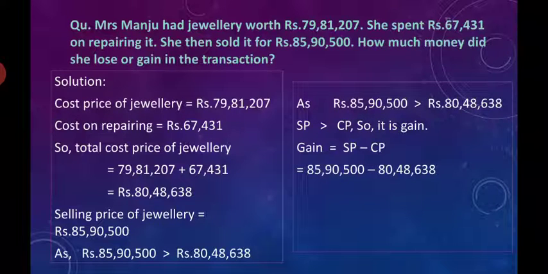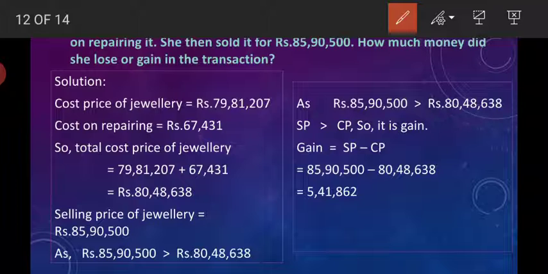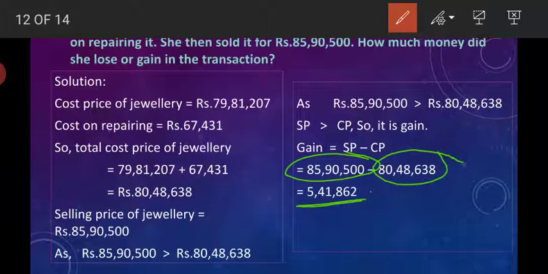So I have subtracted these two, so I get the difference, that is gain on the whole transaction is 5,41,862. You have to write this number, then write this number, and subtract these two. So we get this as result.